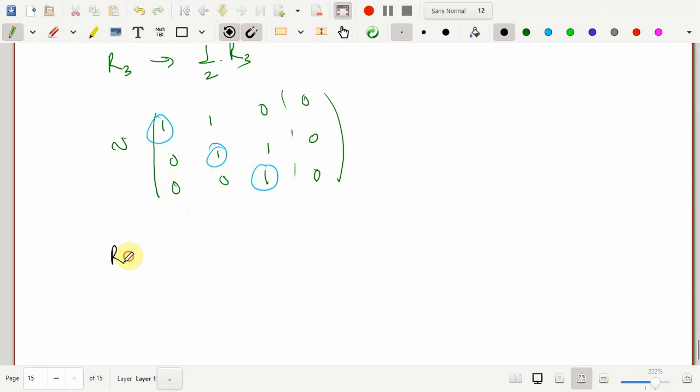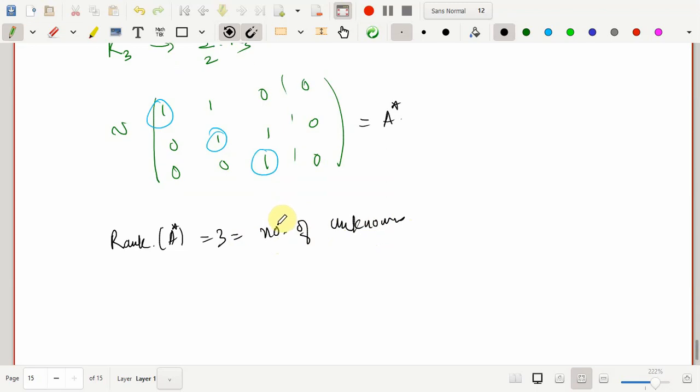So the rank of A star is 3, which is the same as the number of unknowns. If this was less than the number of unknowns, there would be at least one free variable, and in that case the system would have a non-trivial solution.